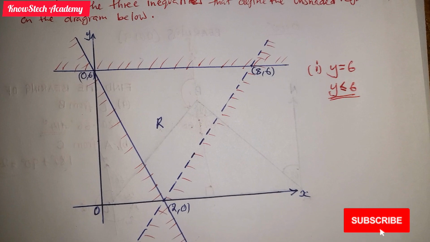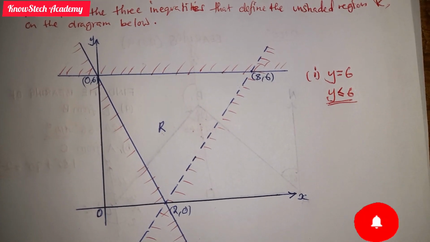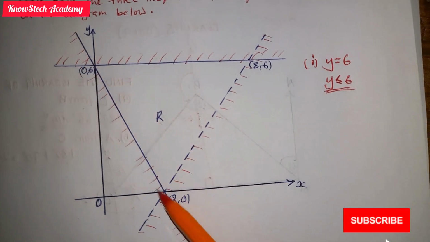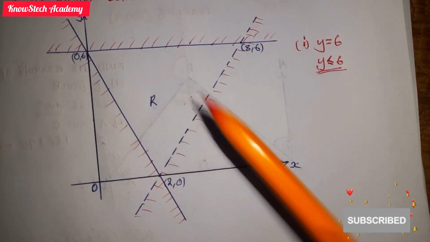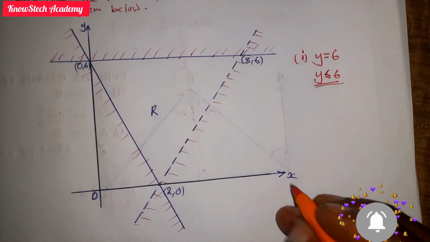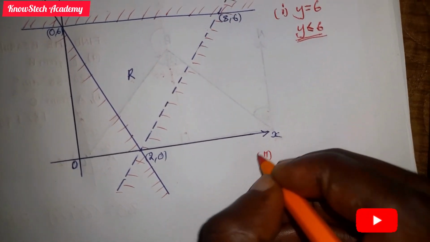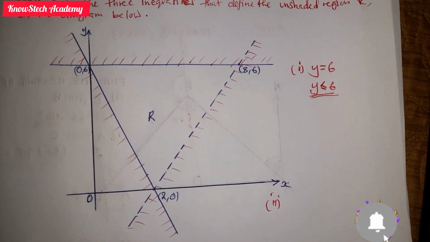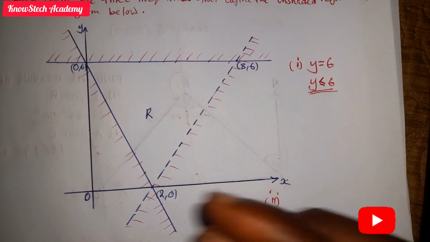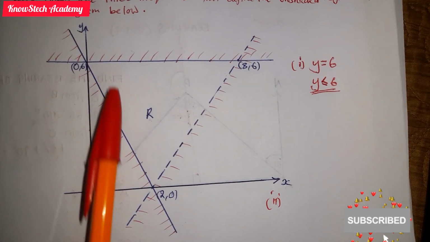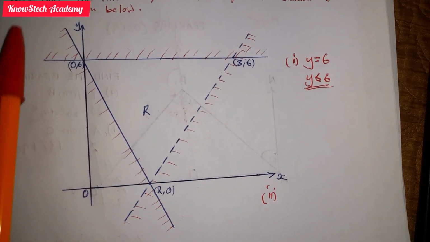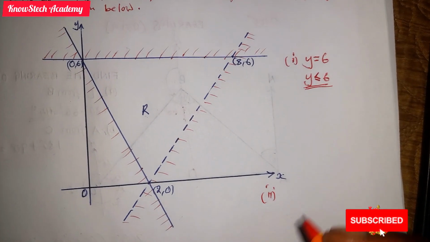The next question, you can start with any of the two points. This is 0,6 and then this is 2,0. You can start with either 2,0 and 0,6 or the other way around.